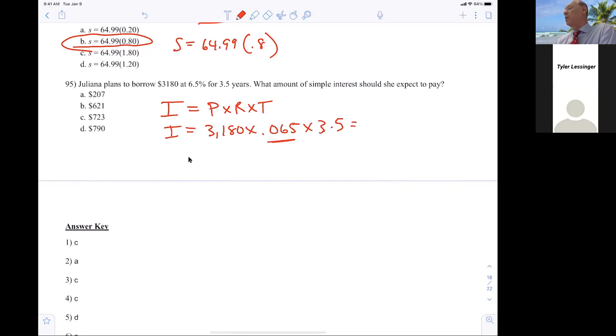Now notice it's 0.065. Multiply that out, please. And somebody tell me. $723. Thank you, Molly. C. Everybody okay with that?